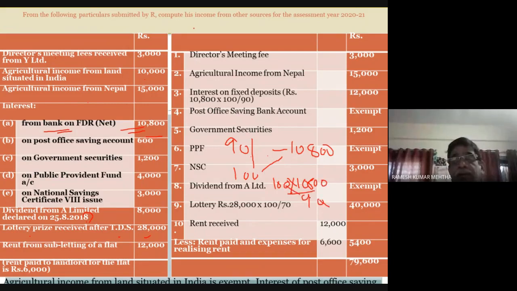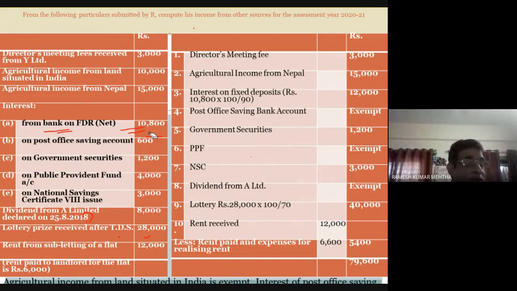If you calculate, you will get 12,000 rupees. So this is what I have placed: 12,000 rupees is the income he has earned from interest on bank fixed deposits. Please remember the tax deducted is 1,200 rupees, that is 12,000 minus 10,800.